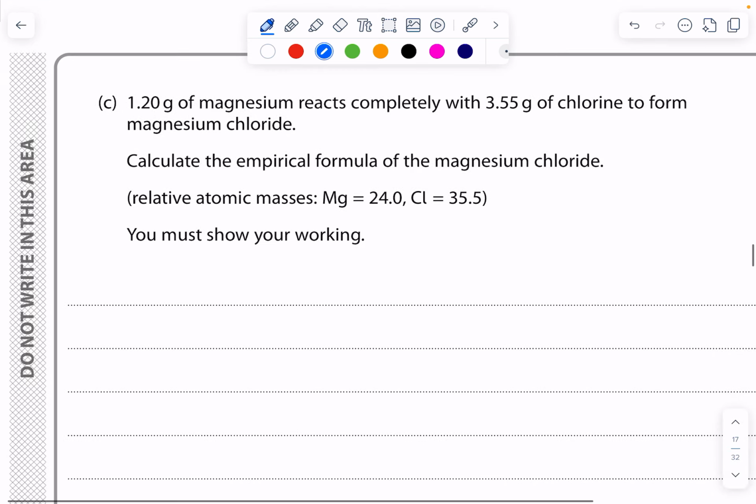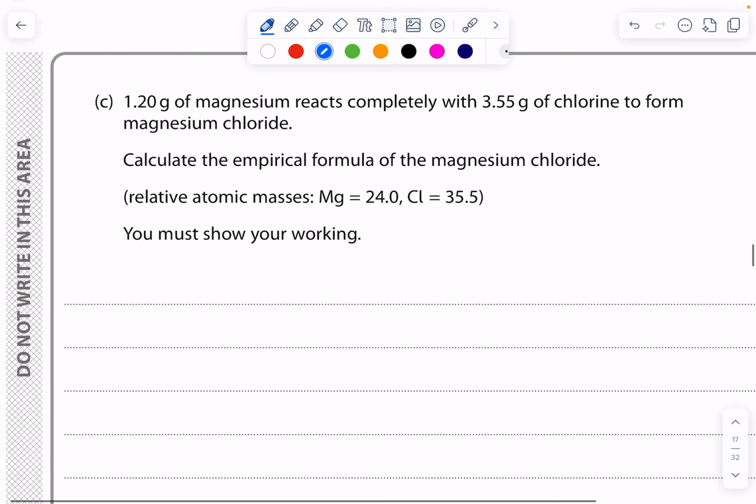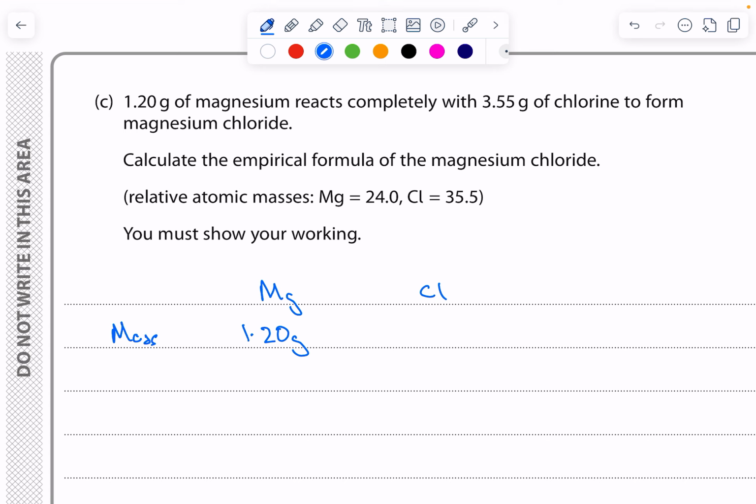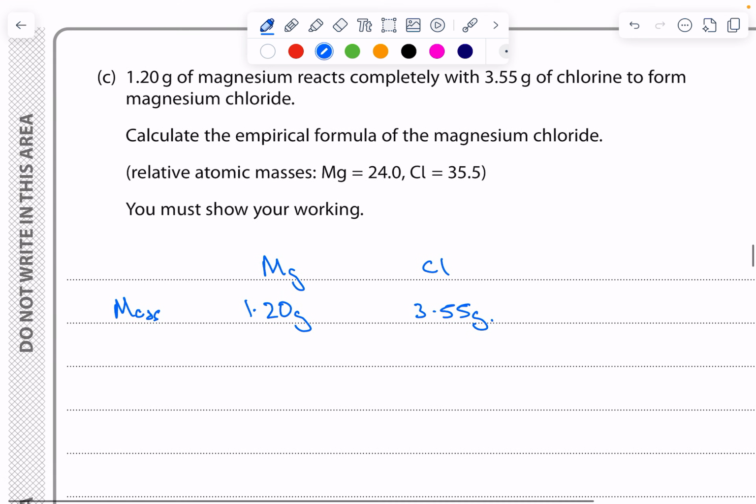Okay? Next one, bit of a calculation here. It's an empirical formula calculation. So the first thing I'm going to do is put down the 2 elements involved and the mass that we have. So this is the mass we have of each substance. So I've got 1.20 grams of magnesium and I've got 3.55 grams of chlorine.